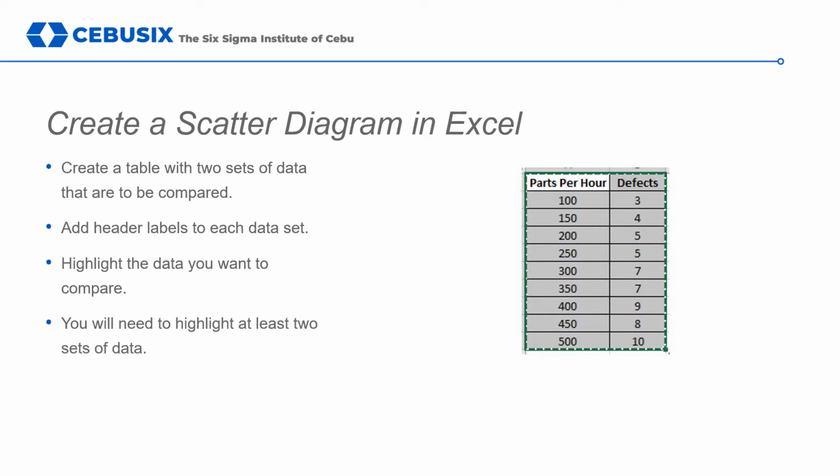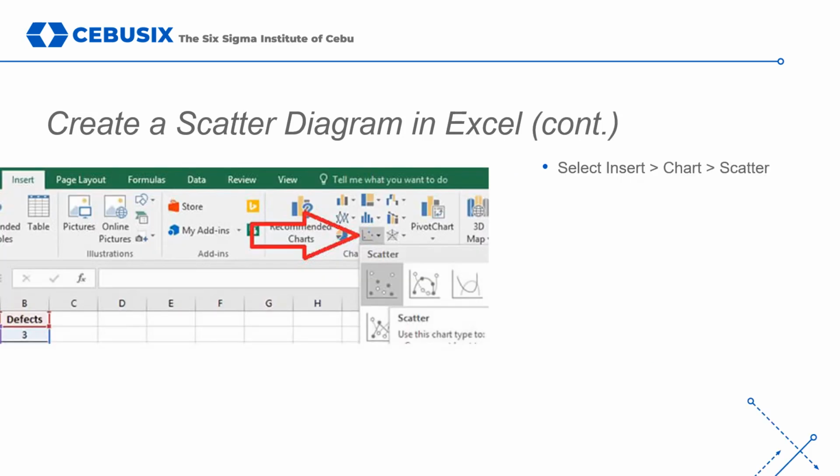Once you have created the table, go ahead and highlight all of the data, including the headers. Once the data is highlighted, up at the top, select Insert from the ribbon and look for Charts. Here you will find the available scatter charts. There are many different options to choose from, but we just want to use the basic scatter diagram.